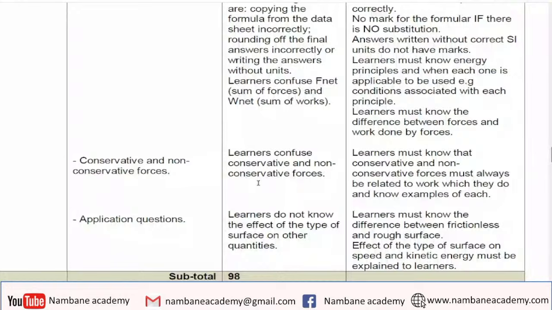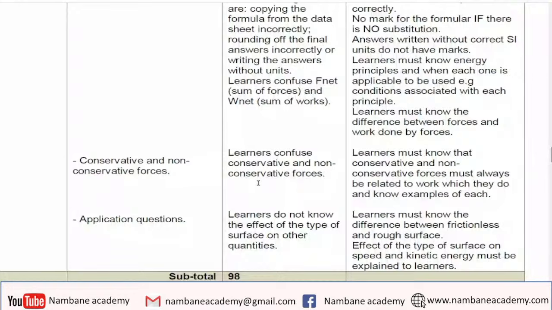The external forces are not equal to zero. These are some of the things that must be done when it comes to the application. And we know the energy principles that we have. When a question says using energy principles only, the energy principles that they will be referring to are work done by non-conservative forces and the principle of conservation of mechanical energy.